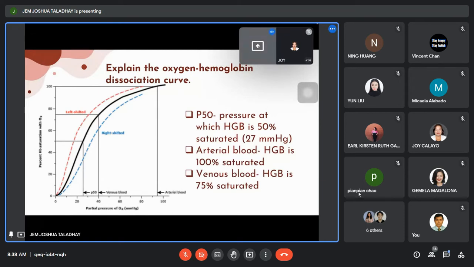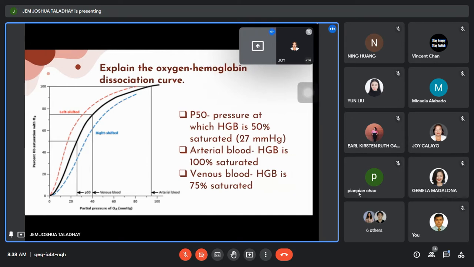In the arterial blood, there is a 100% saturation of blood, and in the venous blood we only have 75% saturation.